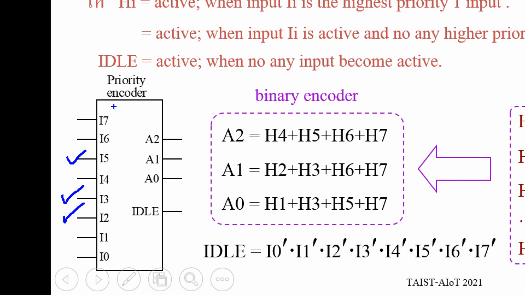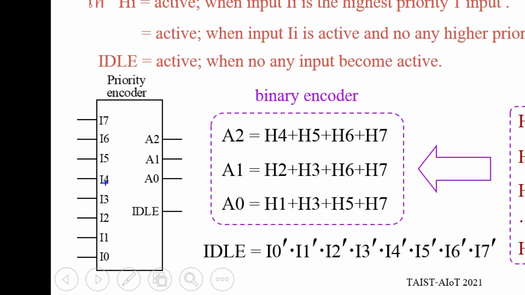If the highest priority is I7 and I0 is the lowest, then I5 becomes the highest active bit, right? So the output will show 101, corresponding to I5.